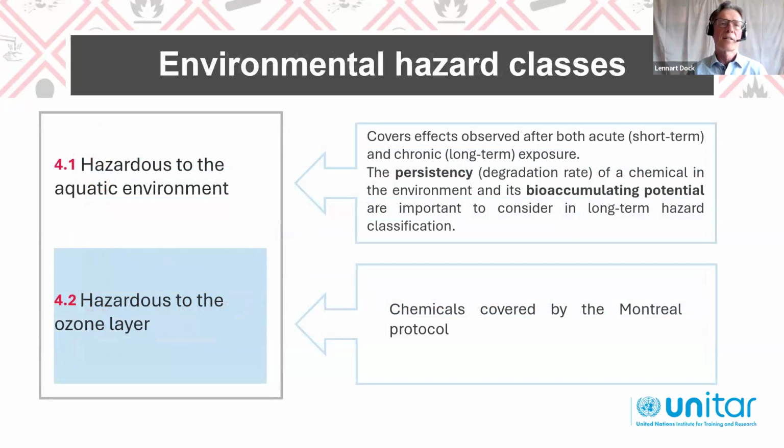It says aquatic because you use aquatic organisms for testing, but you should really consider that chemicals hazardous to the aquatic environment may also cause toxicity to other organisms in the environment, not only aquatic organisms, because if it is toxic to fish, then other mammalian species living on land may also consume that fish and be intoxicated.